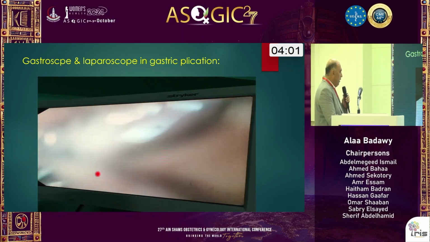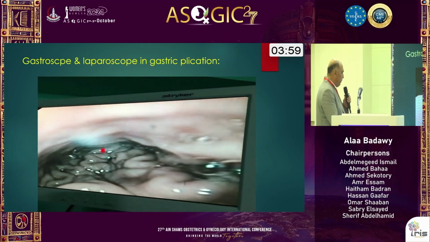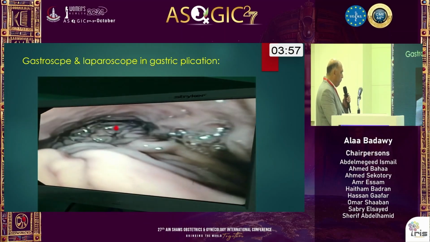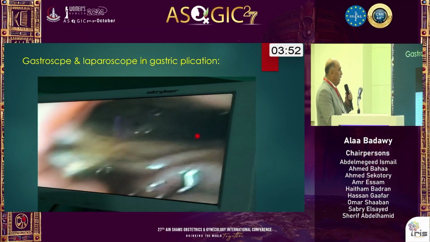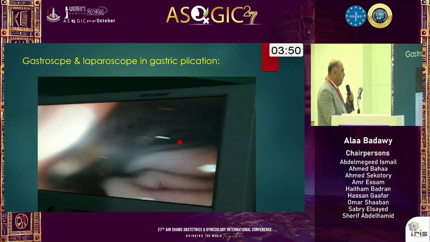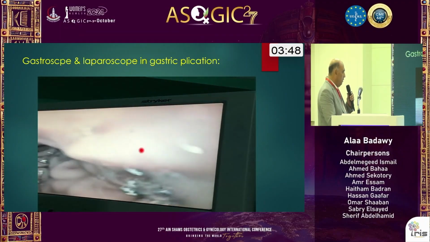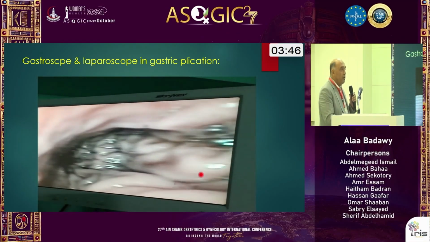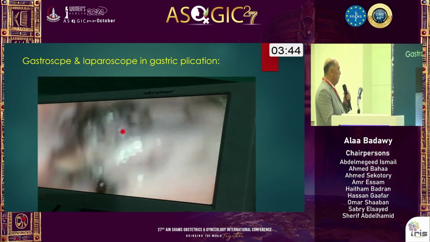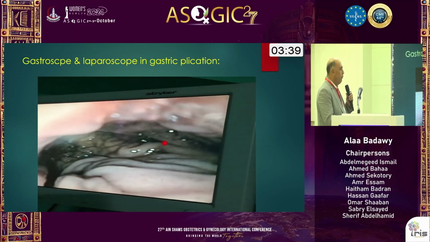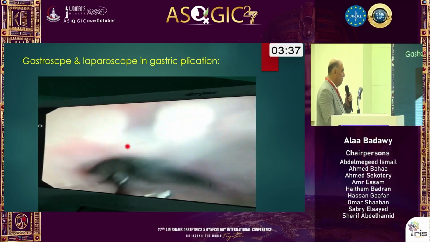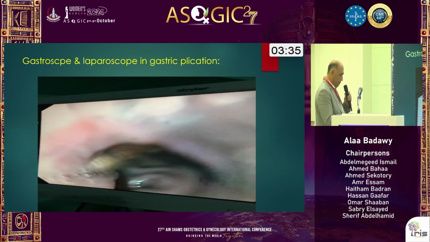Of course, I inject air to have some volume and a better view. Actually here, this is the gastric mucosa, all of it intact and fully functioning, not a blind loop. Fully functioning, so there is no need for post-operative vitamins or minerals.